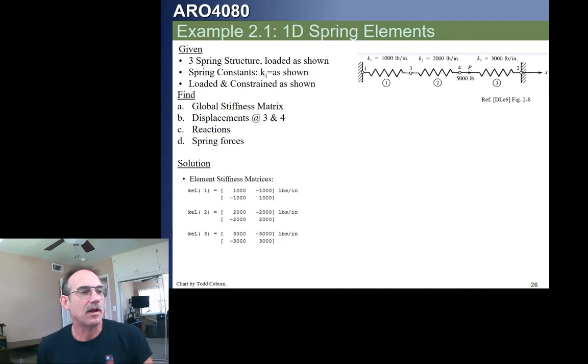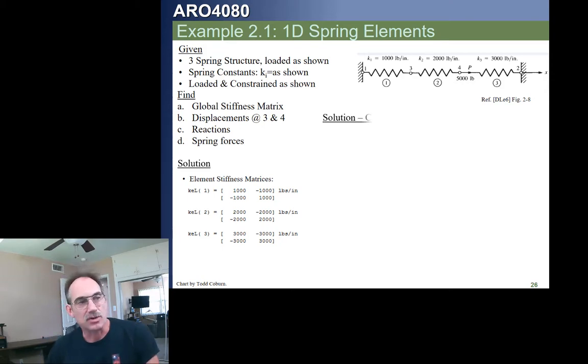Now taking a look at this, we see element 1 goes from 1 to 3. Element 2 goes from 3 to 4. Element 3 goes from 4 to 2.